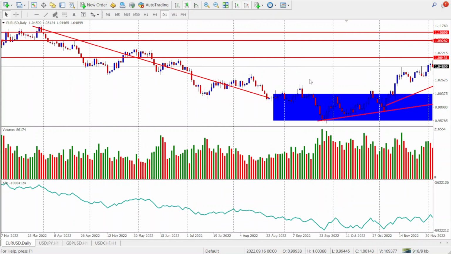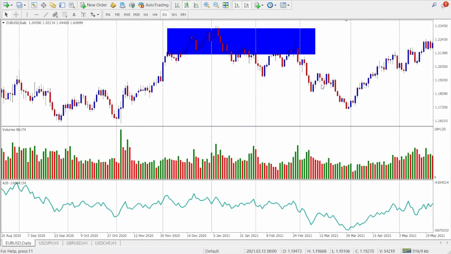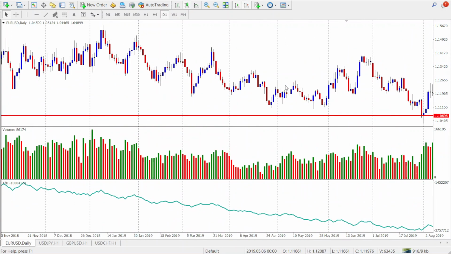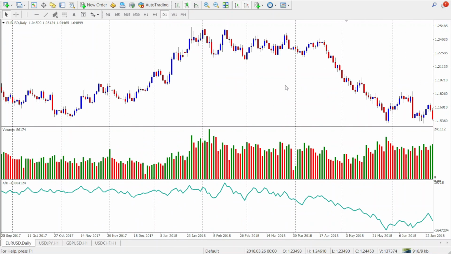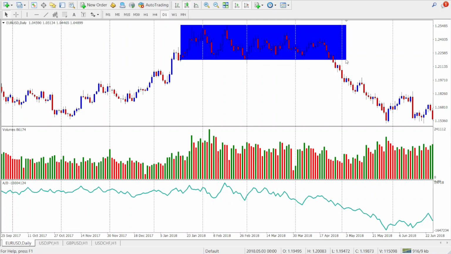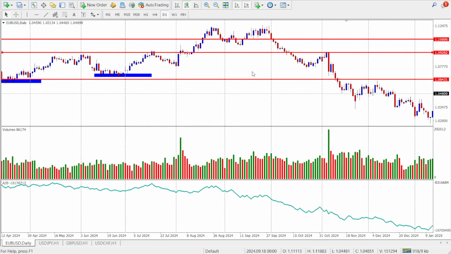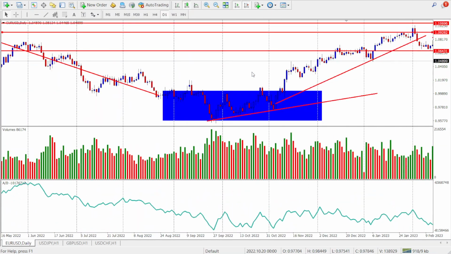Then with respect to the distribution, let's see if we can find a good example. All right, this looks interesting. I think this is an even better example for accumulation.